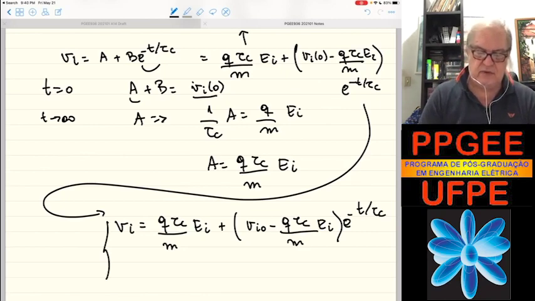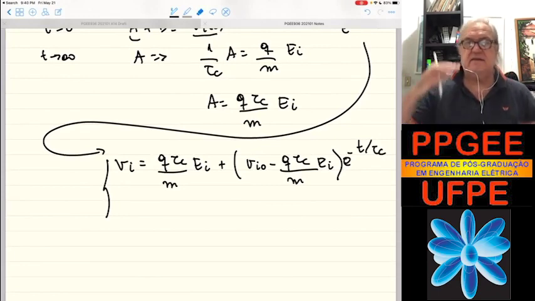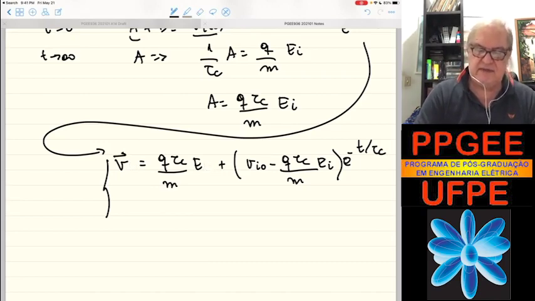If you recompose, you can have the same thing, a vector. You can transform that into a vector, right? You sum each component, you have a vector. The solution is going to be something very similar to this one. V vector equals, you just remove the i, put the vector instead, right?